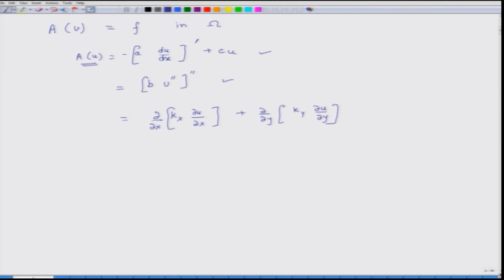Another operator example could be u times du over dx. So, these first 4 operators are linear in u, but this is a non-linear operator.